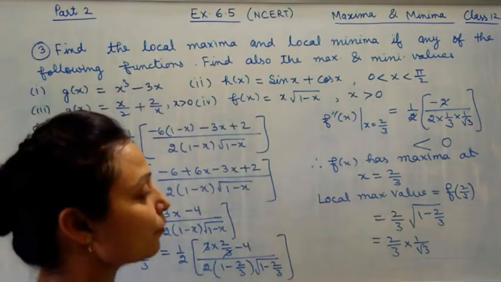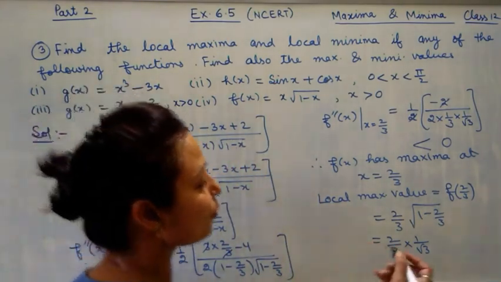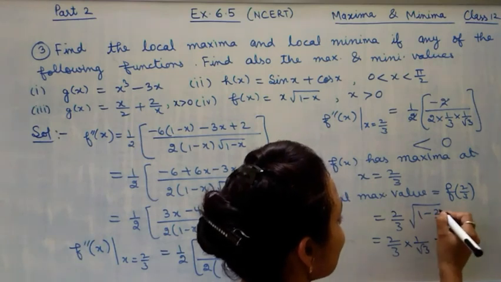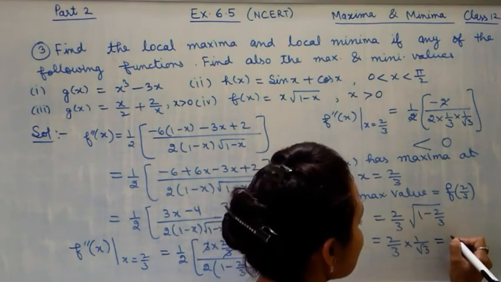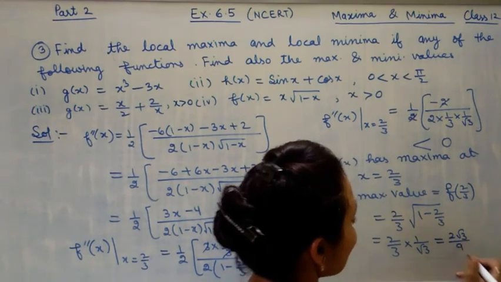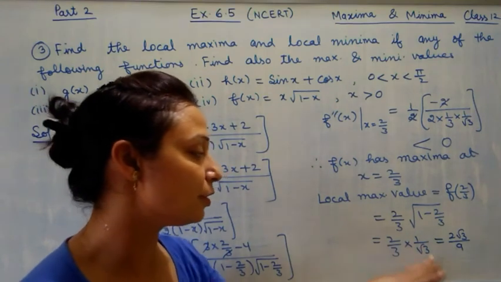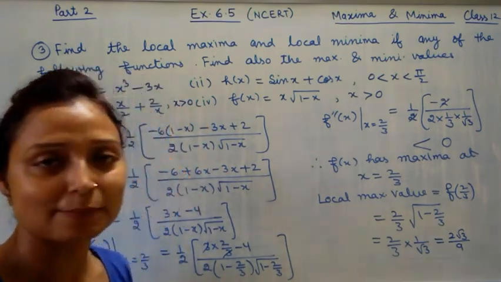So you can remain as it is, or if you want to take the rationalization, you can take it as 2 into 3, 3 3s are 9. So remain as it is as you want. 2 root 3 upon 9. So this is the local maximum value.